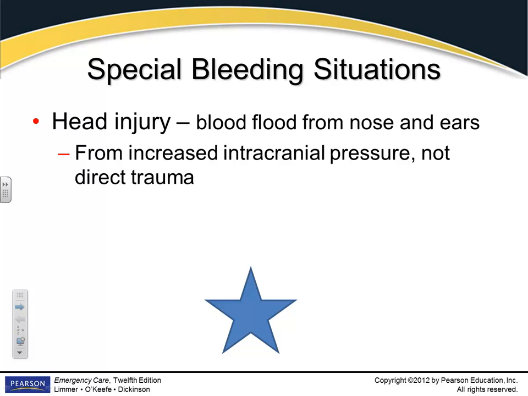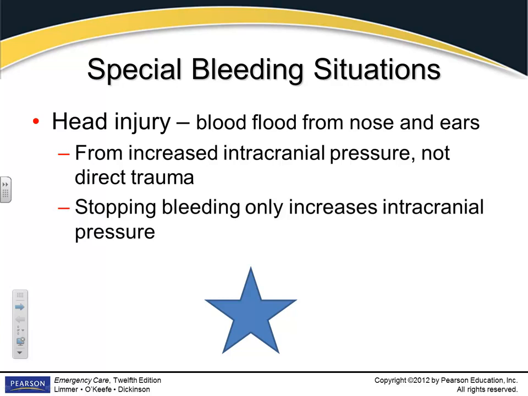We'll talk about this a lot more when we get to the head injury part. If you try to stop the bleeding coming from the nose or the ears, you may actually increase the intracranial pressure, because that needs to flow out so the brain doesn't continue to swell.